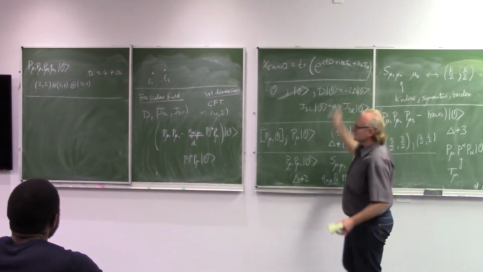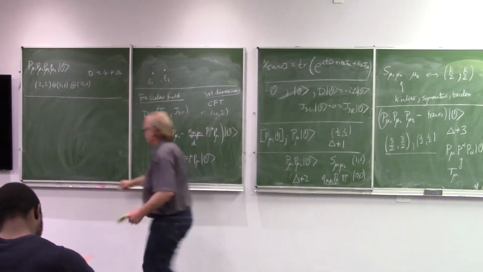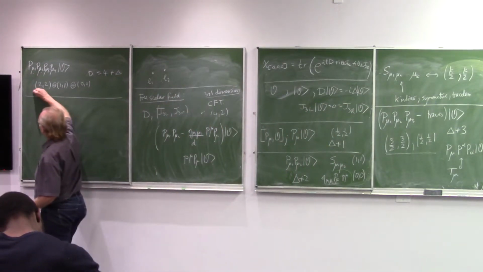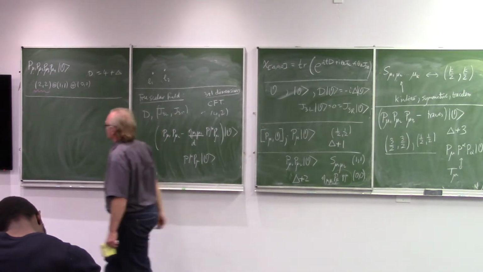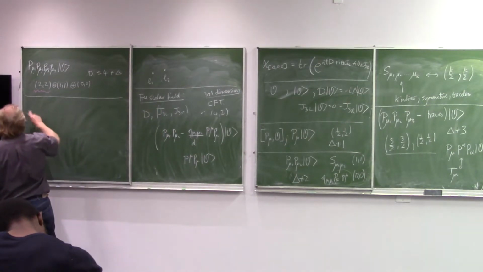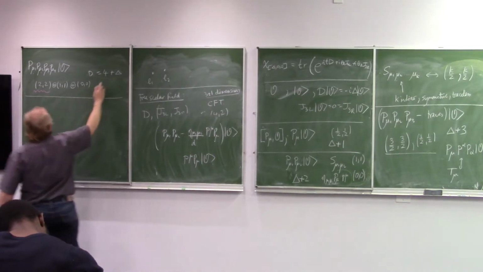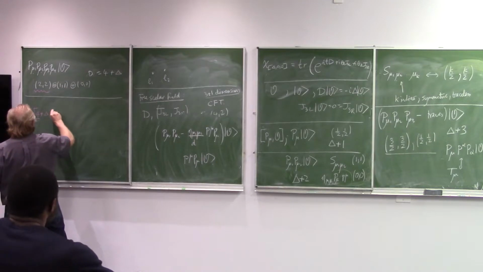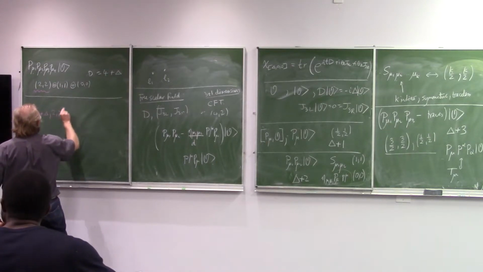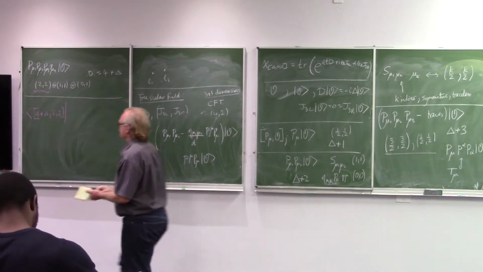And when we figure out what it looks like for one state, then let's figure out what we should get for the trace. So the state I'm going to consider is maybe that nicest one that we've got so far, 2, 2. So let's say we've got 4 plus delta, comma, 2, 2. That's the state.